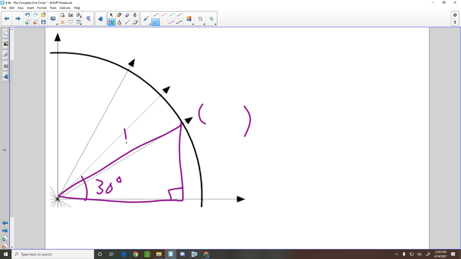We know that the unit circle has a radius of 1. Then using your special right triangle properties, you could figure out those other 2. You could figure out, oh, this is 1/2, and that's root 3 over 2, using your knowledge from special right triangles. So you can always recreate these, and you can just put those values down and be like, oh, this is root 3 over 2, comma, 1/2. So again, you don't need to memorize that. You shouldn't have to memorize it. It's using all of our previous skills to write that.